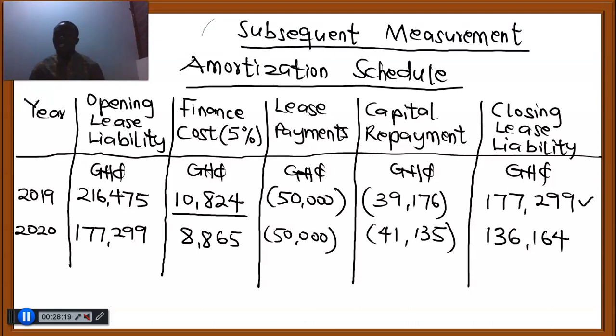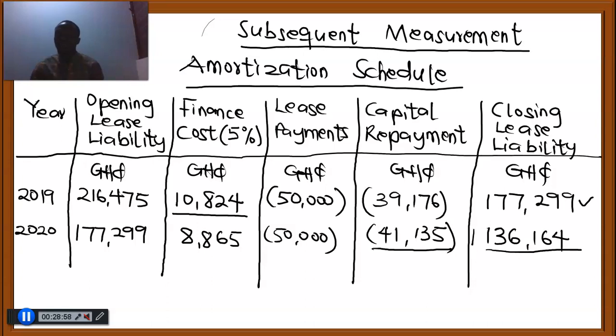The difference between the closing balance for 2019 and 2018 is the current component of the lease liability. So when you subtract 136,164 from 177,299, you get a figure of 41,135 as the difference, and that is the current component. So we have 41,135 as the current lease liability, and then 136,164 as the non-current lease liability.